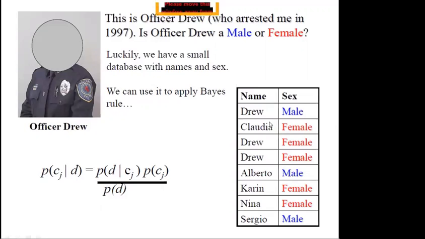You can see here we have names and sex, and they're related. So Drew appears 1, 2, 3, 3 times in the data of the officers. And this is the sex: male, male, female. Using this given data, we have to apply this formula and find out the probability of Drew being male or female.